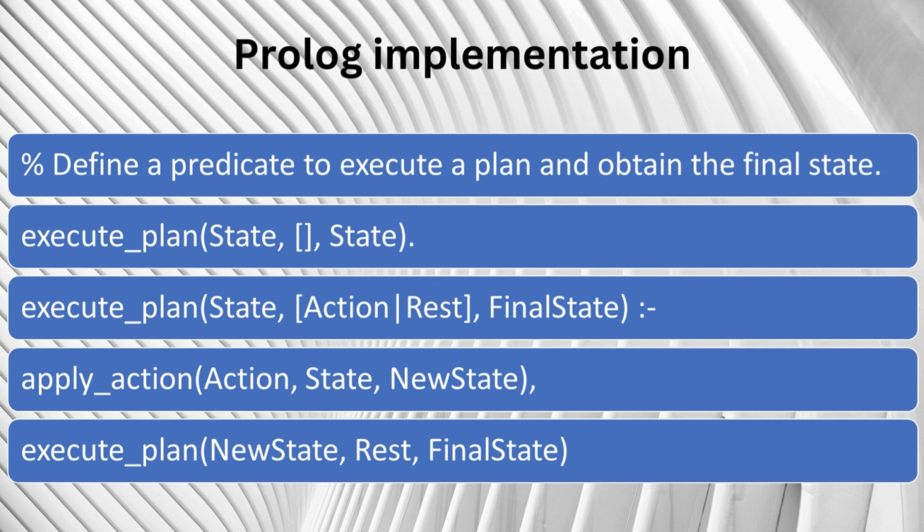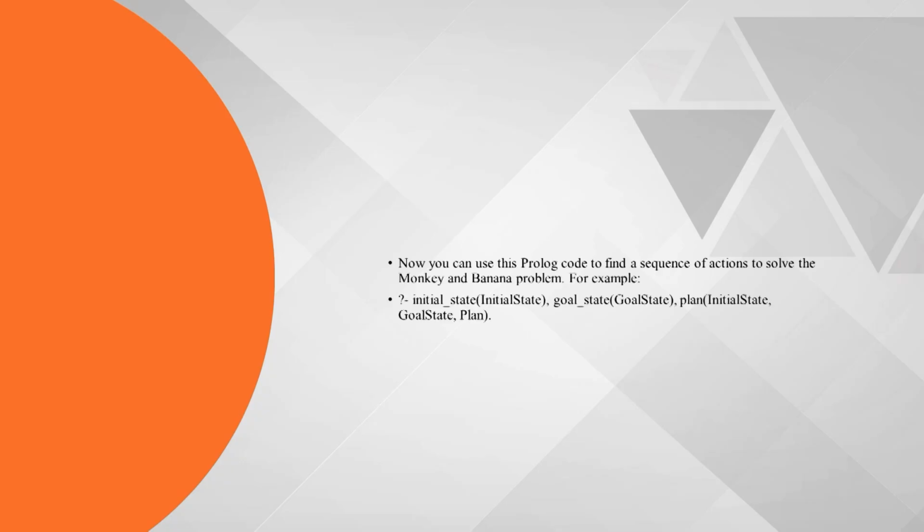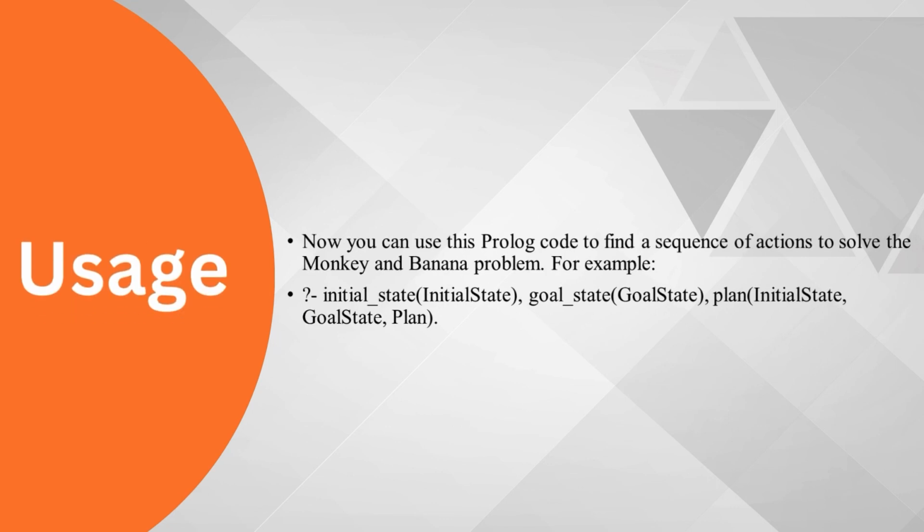Now you can use this code to find a sequence of actions to solve the monkey and banana problem. For example, in Prolog you write the query: initial state, in initial state, comma, goal state, comma, plan, initial state, comma, goal state, comma, plan.